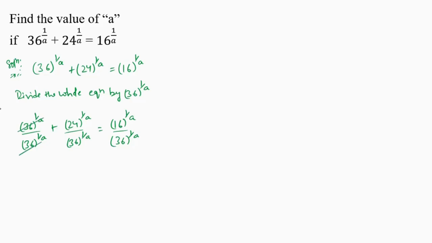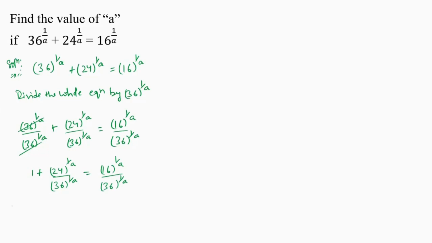So this first term will get cancelled out and we get 1 plus 24 raised to power 1 by a divided by 36 raised to power 1 by a equals 16 raised to power 1 by a divided by 36 raised to power 1 by a.